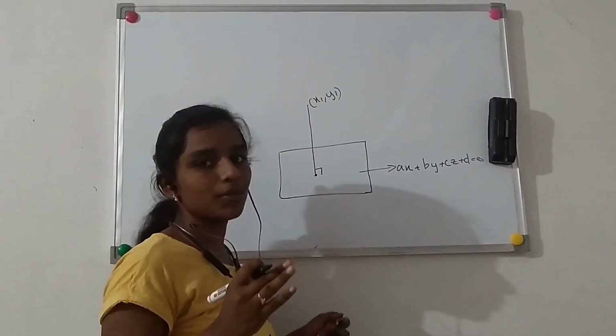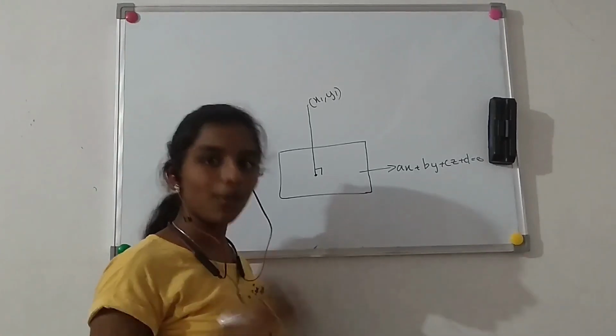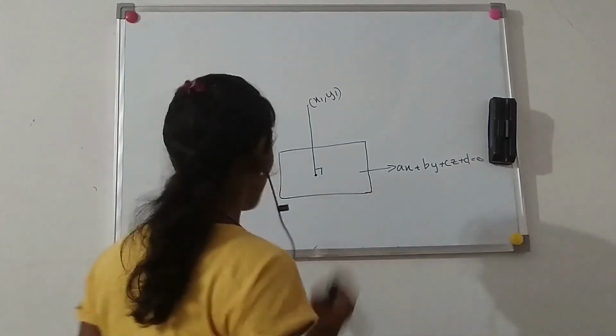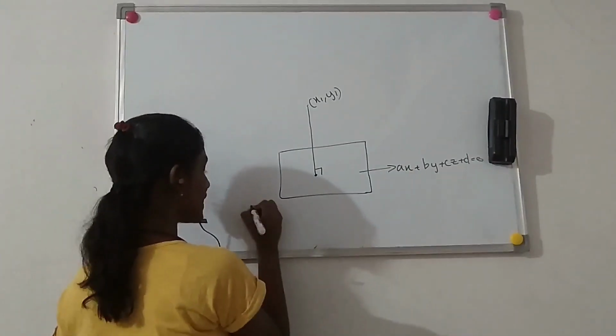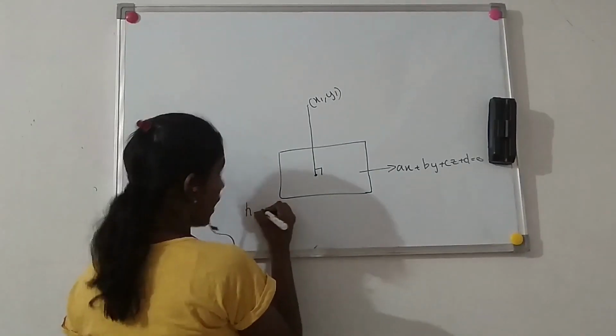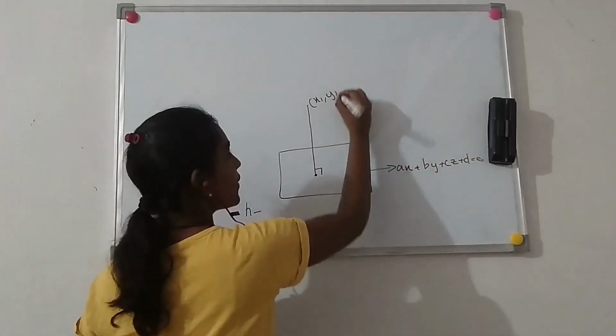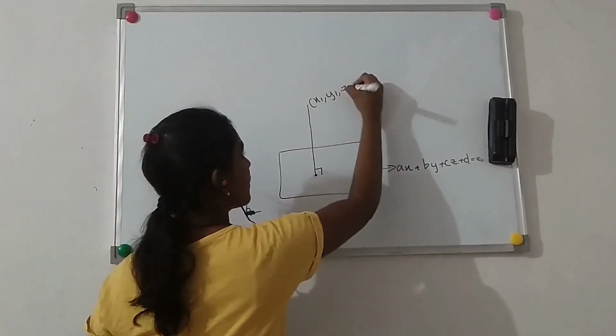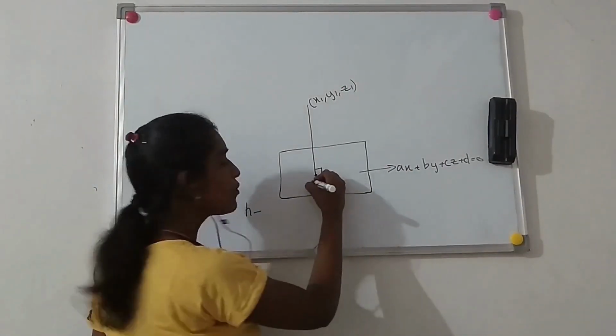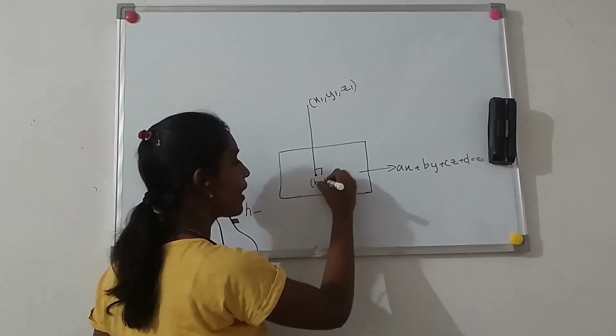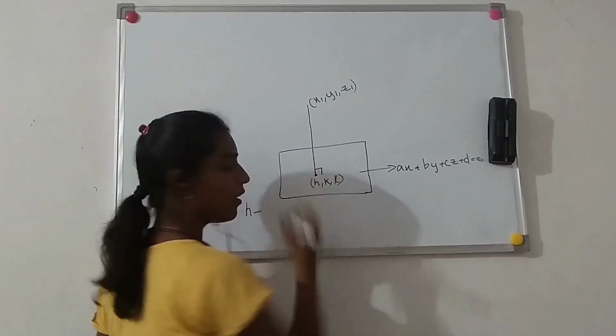It's the same as in 2D geometry, but as you know, one term is added. Now what is that formula? This is 3D geometry, so there will be a point z1 as well, and let me say that the foot of the perpendicular is h comma k comma l.